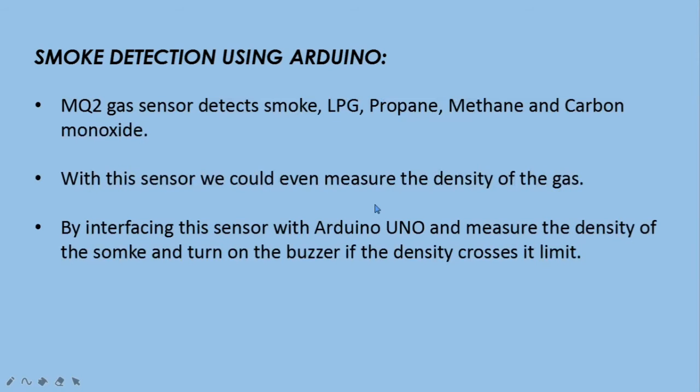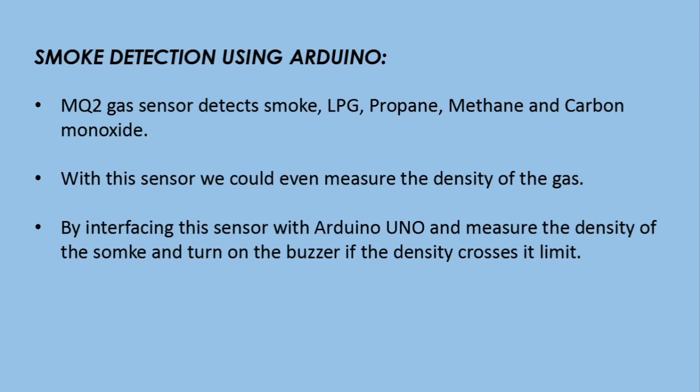So now let's see about our application. We are going to see a project called smoke detection using Arduino. To achieve this project, we use the MQ2 gas sensor, which helps in detection of smoke, LPG, propane, methane and carbon monoxide. This sensor could also be used to measure the density of the gas which it senses.